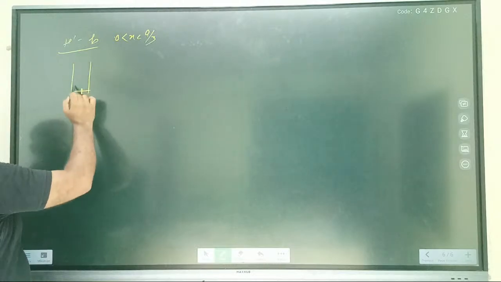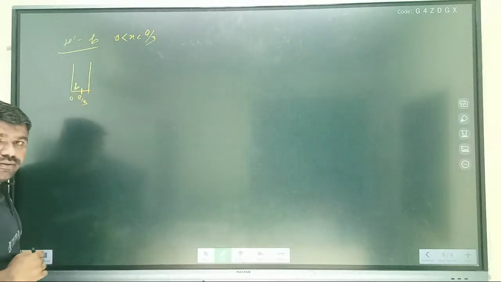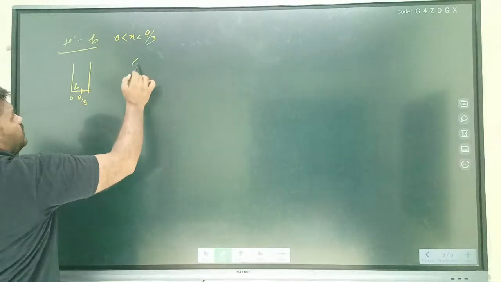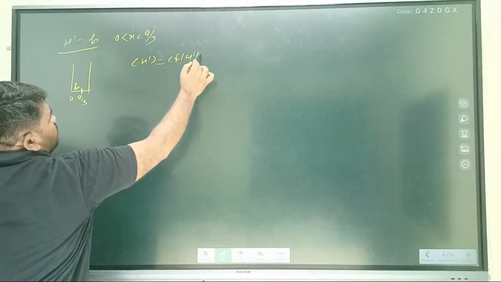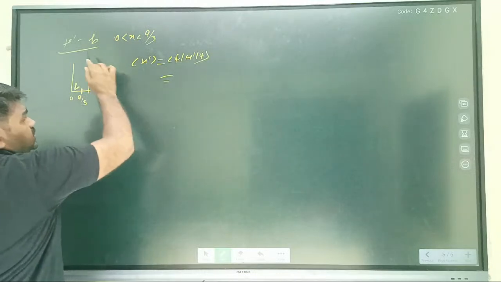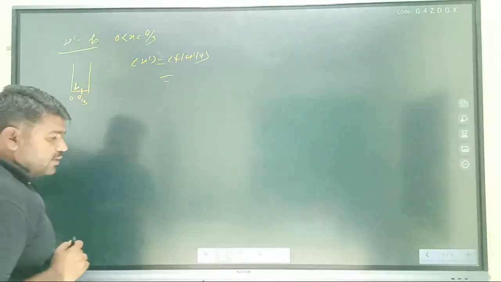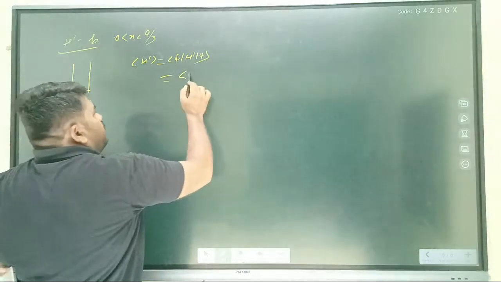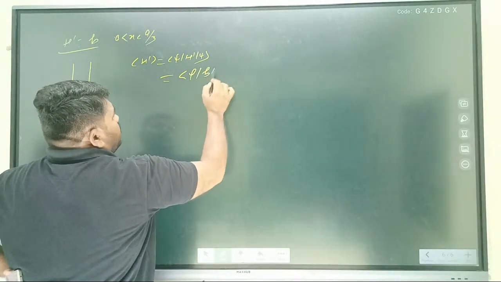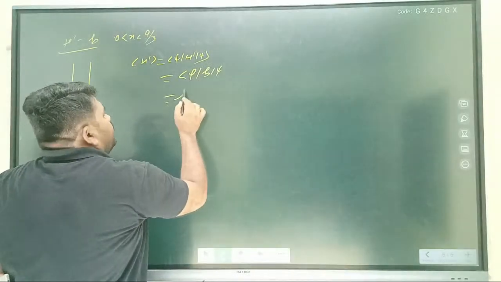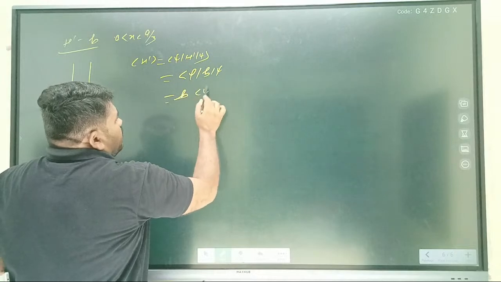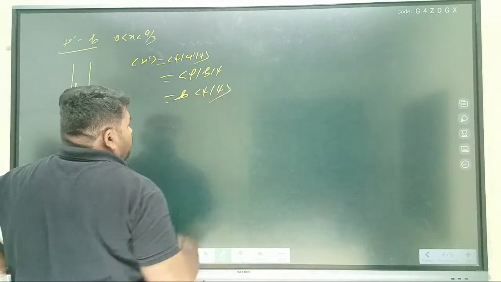What is this value? This value is b. Now the expectation of H prime is nothing but ⟨ψ|H′|ψ⟩. Just substitute b here, then we get ⟨ψ|b|ψ⟩. We can take b common out, then we get ⟨ψ|ψ⟩.